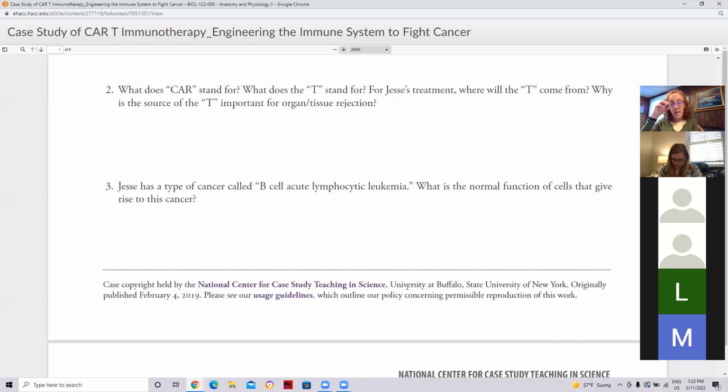Jesse has a type of cancer called B-cell acute lymphocytic leukemia. What is the normal function of the cells that give rise to this type of cancer? What's the normal function of B cells?